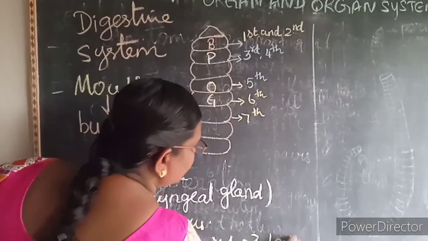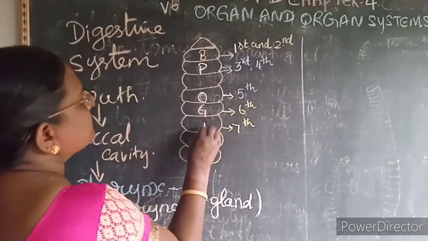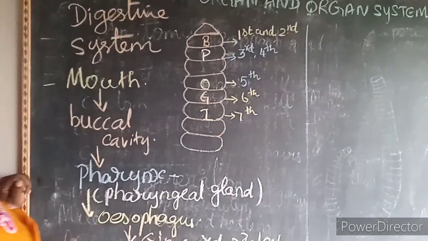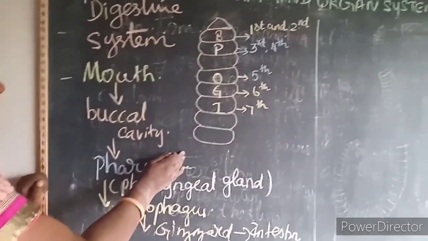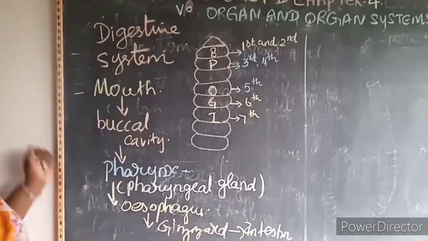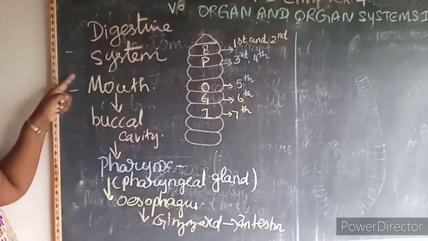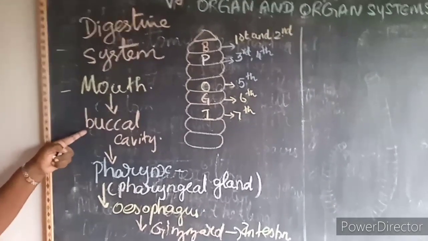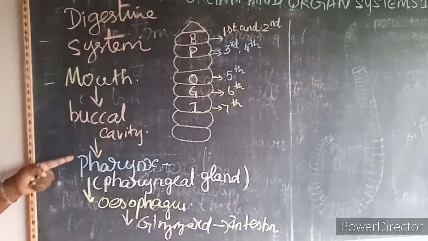The gizzard leads to the intestine, which is present from the seventh segment onwards up to the last segment. Can you understand? It's very simple. The mouth leads to the buccal cavity, and the buccal cavity leads to the pharynx.